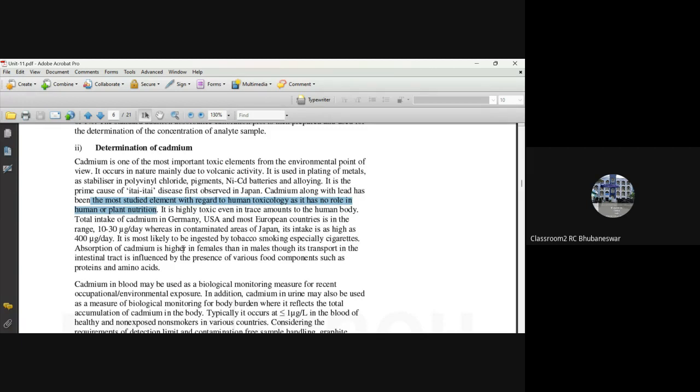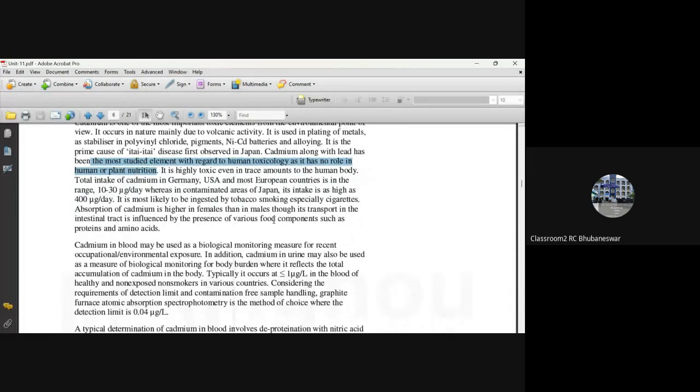nutrition. If you think, you are taking calcium tablets, you are taking calcium supplements, but cadmium supplement, lead supplement, these things we don't need. As far as human and plant nutrition is concerned, these are not having any role in our body. So these are of interest from the human toxicology point of view.